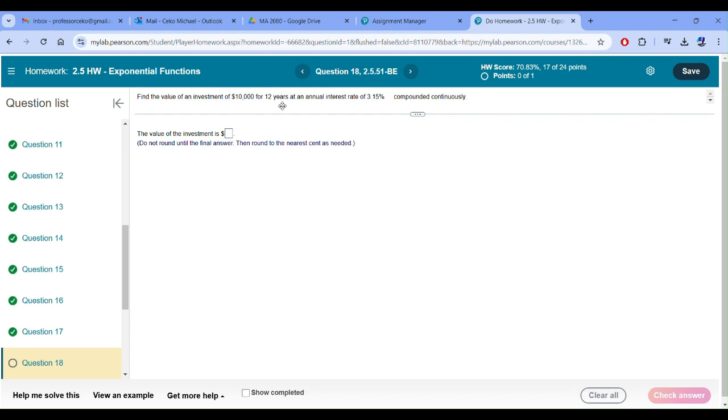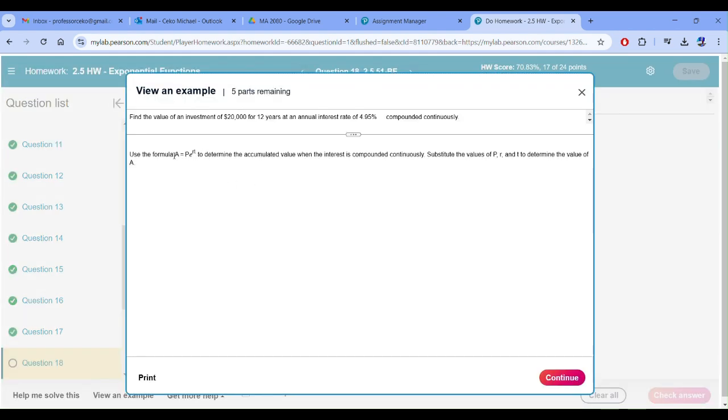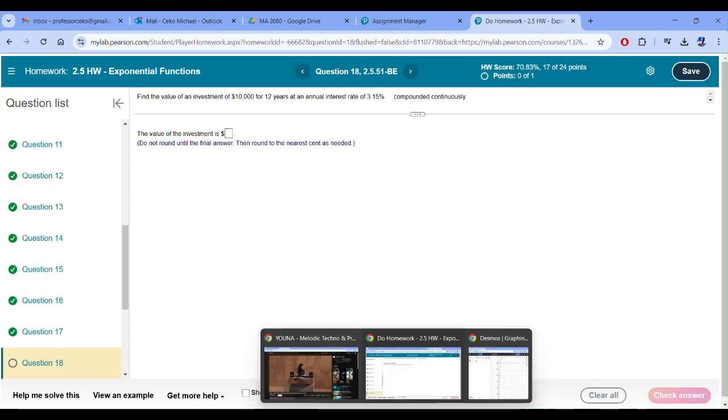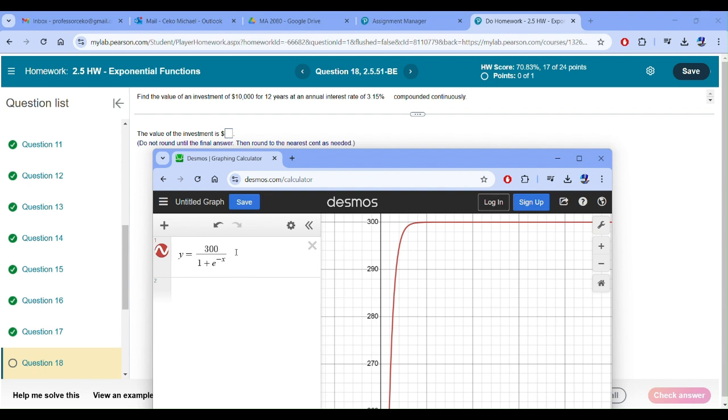Okay. So now here I need my equation. My equation for this is going to be A equals Pert, and then we literally just go right into Desmos, guys. In Desmos, we go right here, and I would do principal 10,123 times e raised to the rt, 0.0315 times 12 years gives me that number.